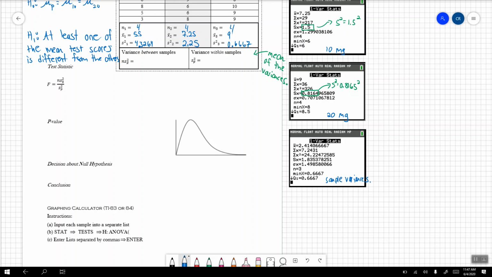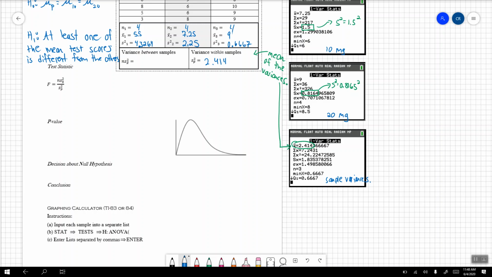So to find the mean here, the mean is just this 2.414. So that's the mean that we're looking for. So the variance within samples, in other words, the mean of the variances, that's what I'm looking at here, which means this is going to be 2.414. Awesome.